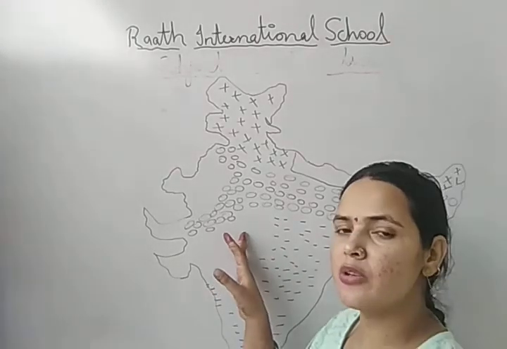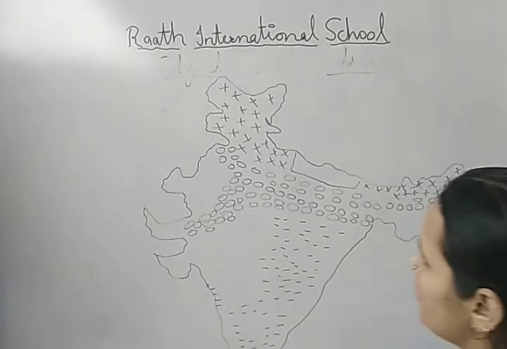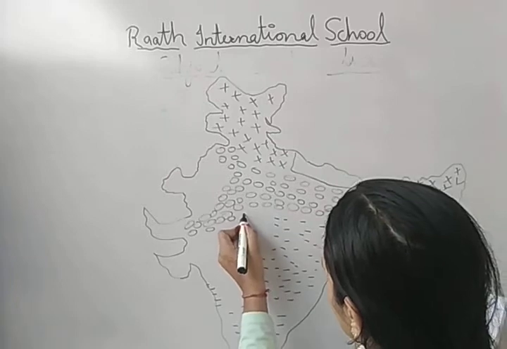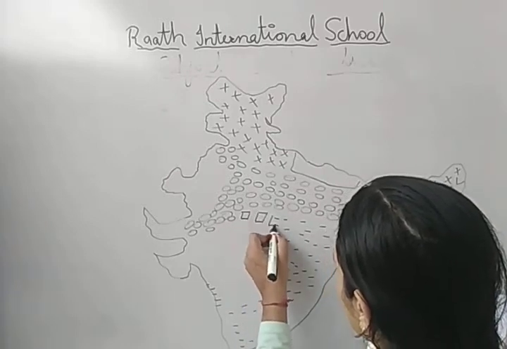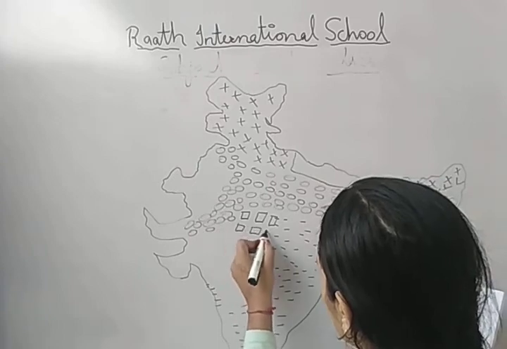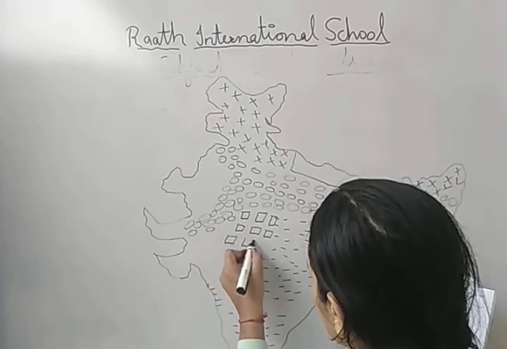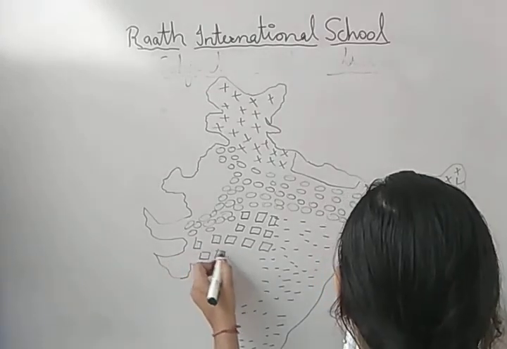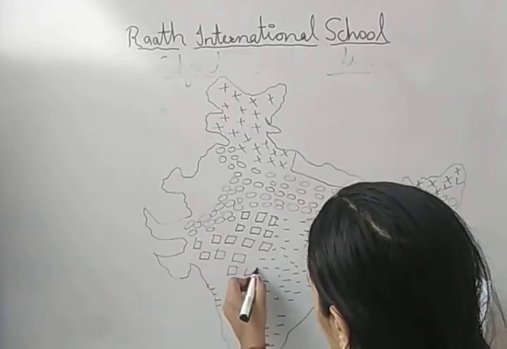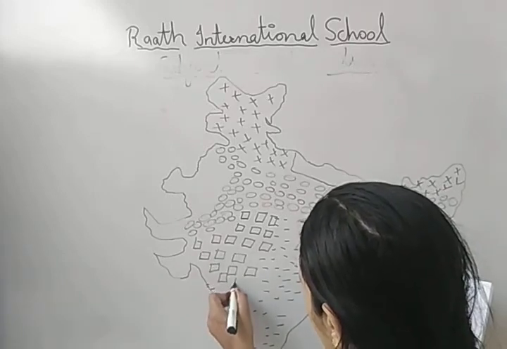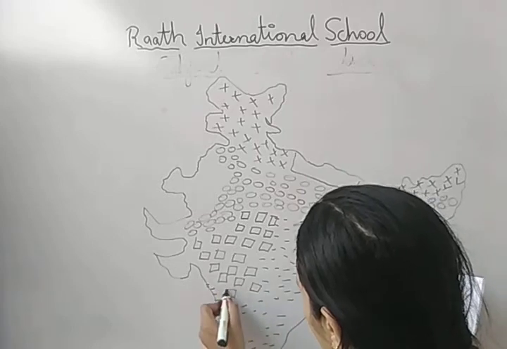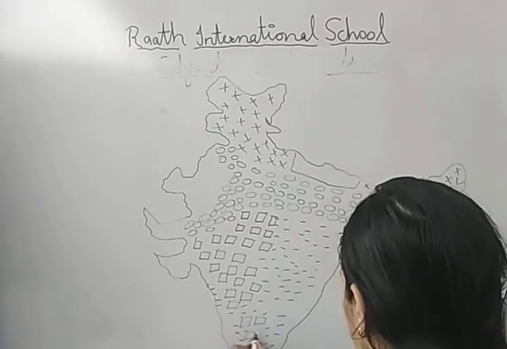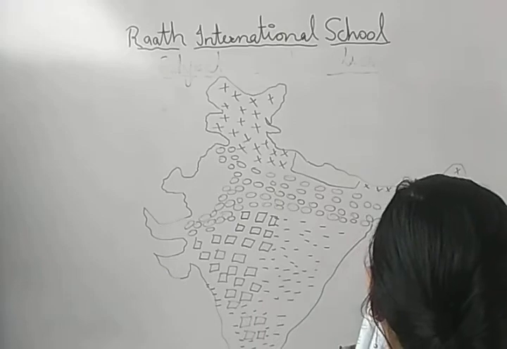Not only some part, actually most of Madhya Pradesh is covered with black soil. So here is the black soil. So this is black soil.